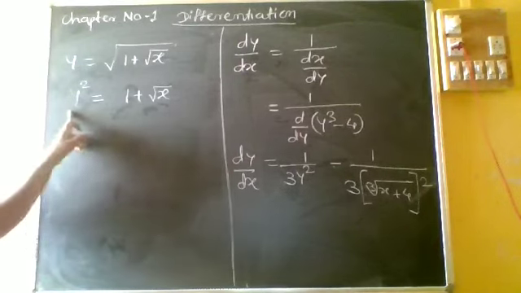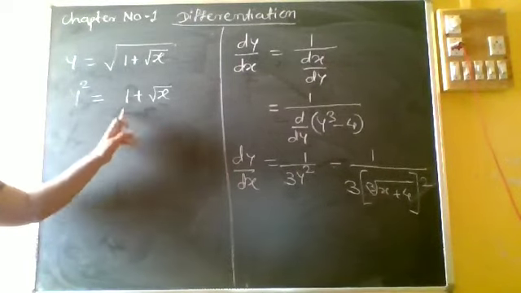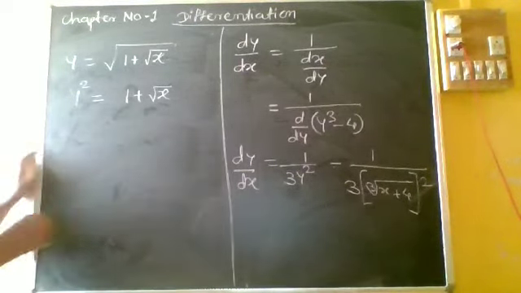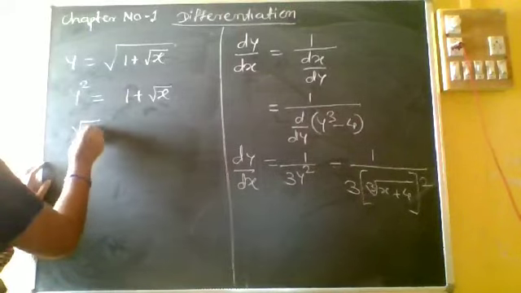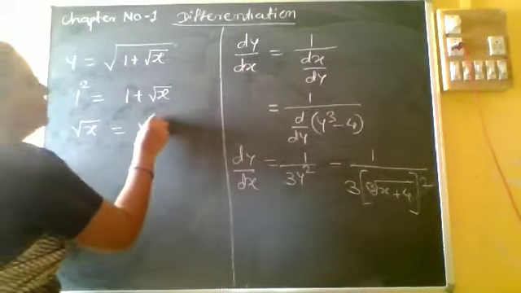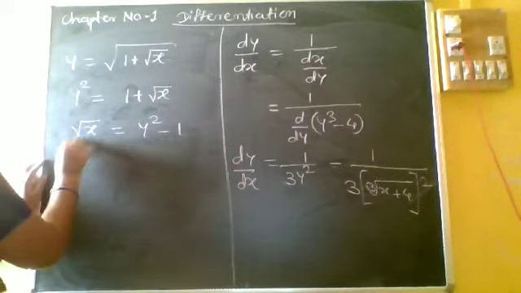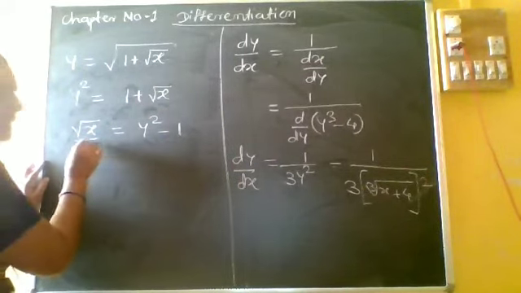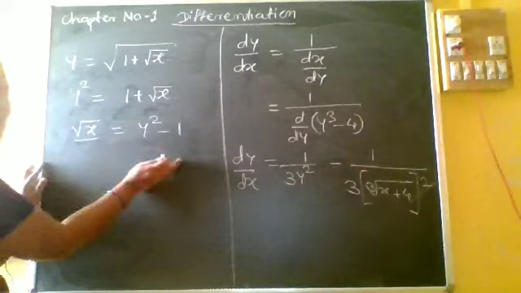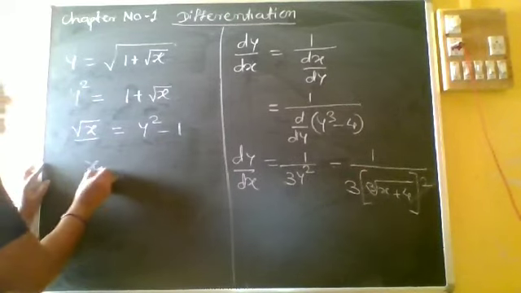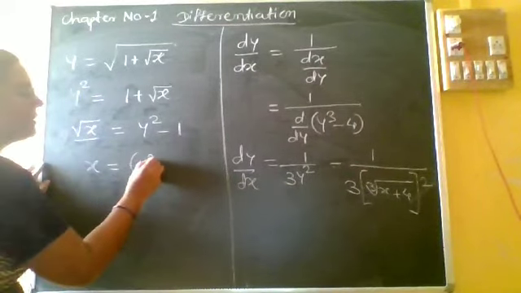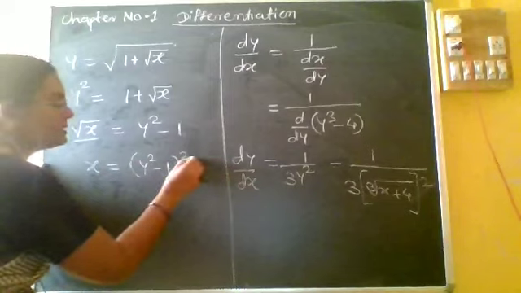Then root of x is equal to y square minus 1. Squaring both sides, we get x is equal to y square minus 1 bracket square.